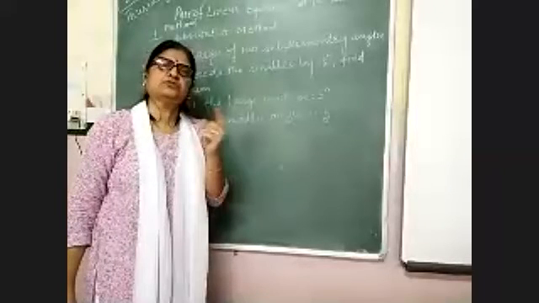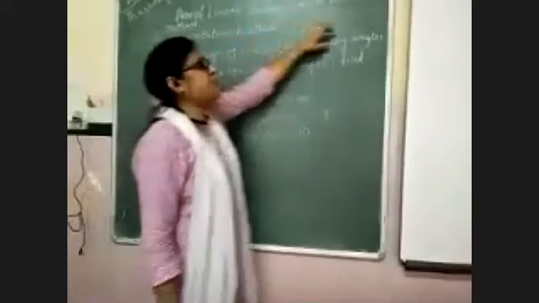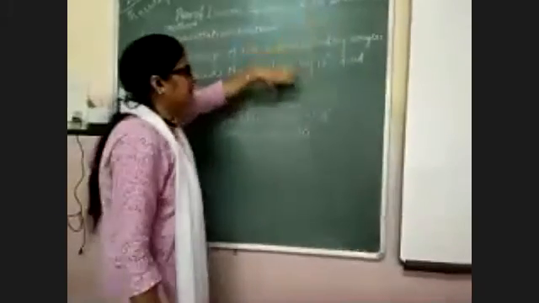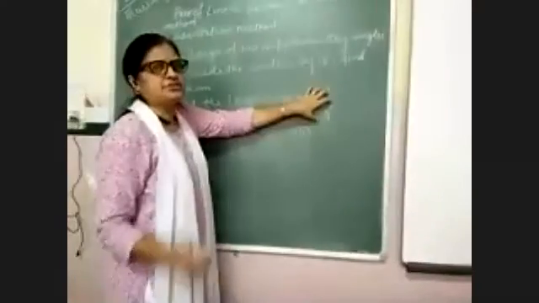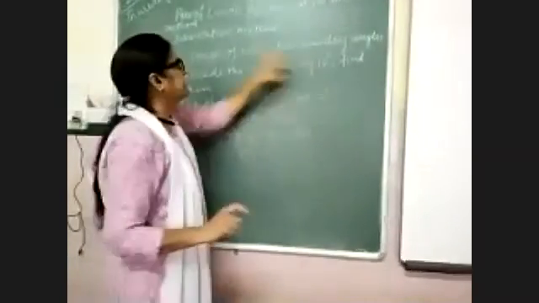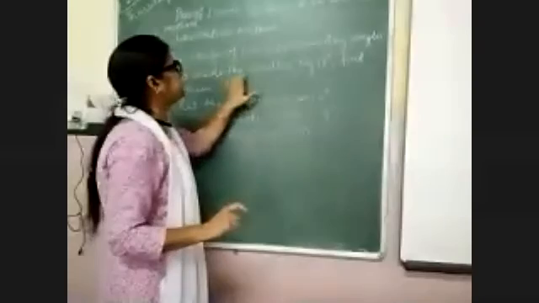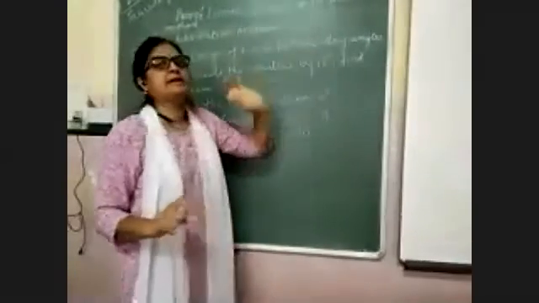So the first equation is x plus y equal to 180, and the second equation is given: the larger of the two supplementary angles, the larger angle, exceeds the smaller angle by 18 degree.